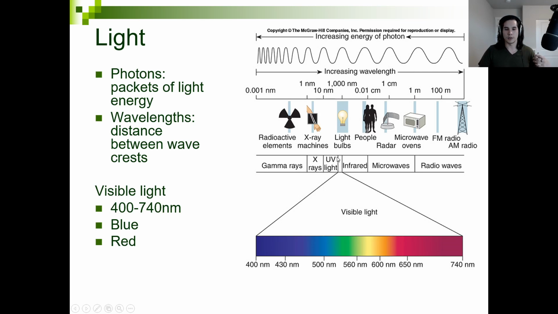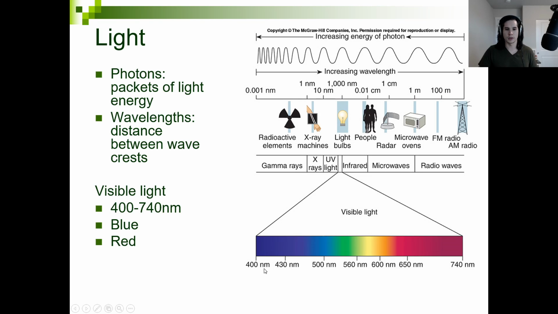So if we're starting off with the shortest wavelengths that we're going to talk about, we have gamma rays. So these are things that we can't necessarily see. We also can't necessarily see radio waves, and these are very long wavelengths. So the only wavelengths of energy that we could see is this small window of visible light.